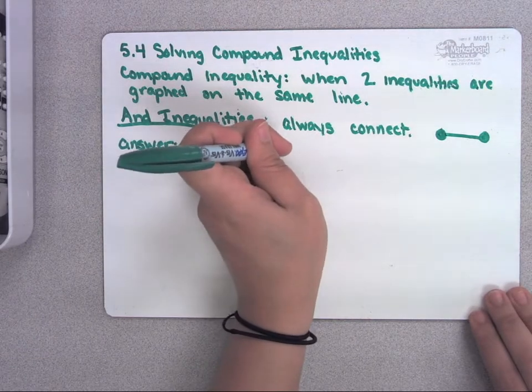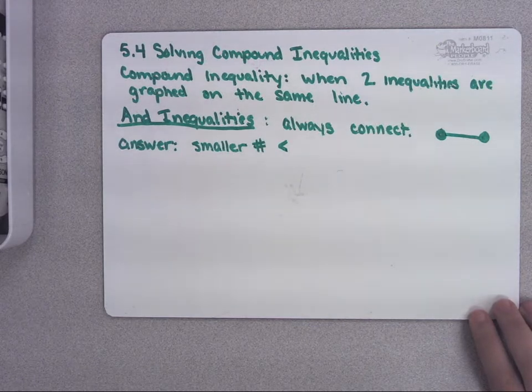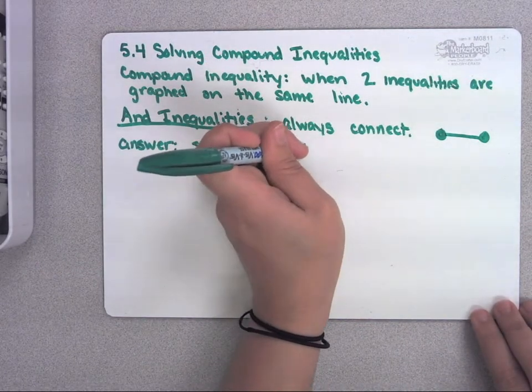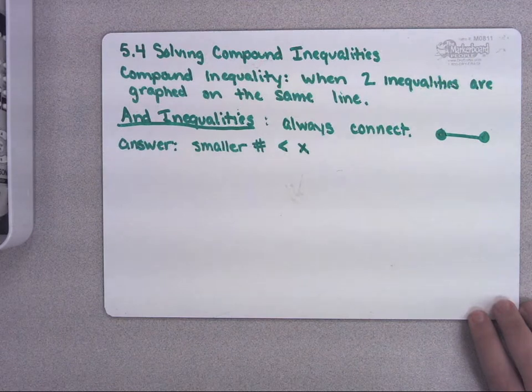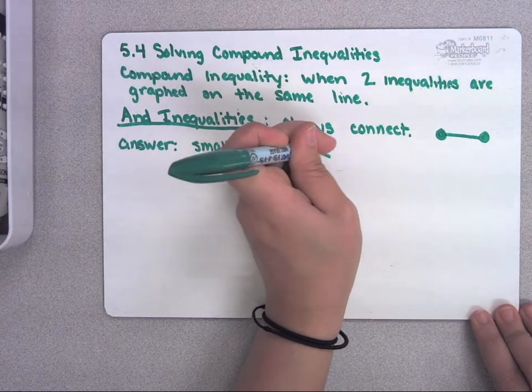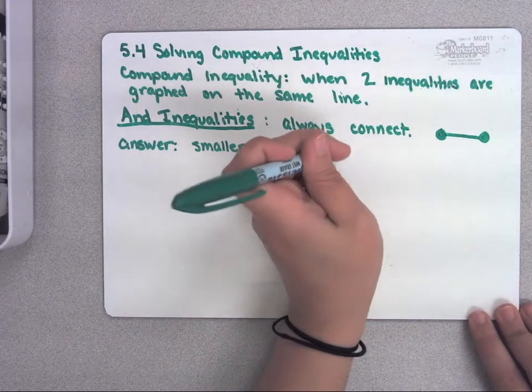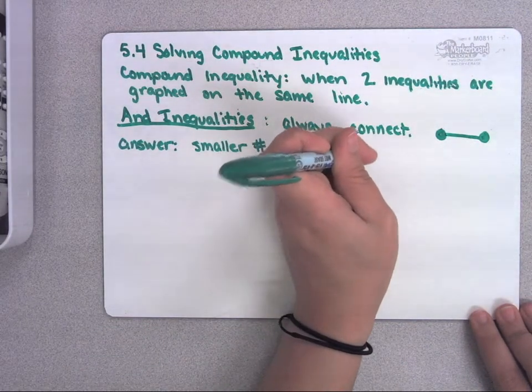Then you're always going to have your inequality pointing towards your smaller number, whether or not it's an equal to sign again is a different story. Then you're going to have your variable. So I'm going to put x there. Then you're going to have an inequality again. And then you're going to have your larger number.